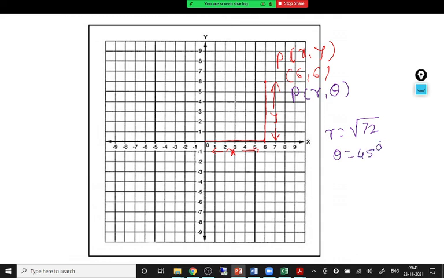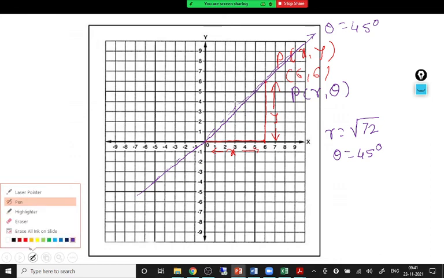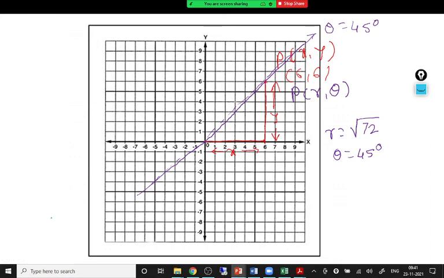First I will plot theta equal to 45 degrees. This will be the line which is at 45 degrees, which is actually the line x equal to y. On theta equal to 45, we have to plot the distance root 72.